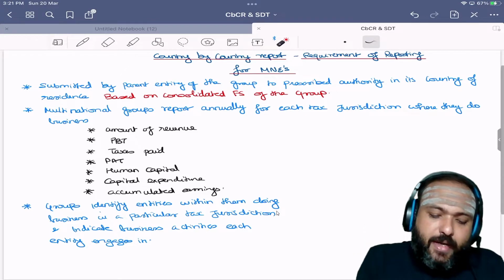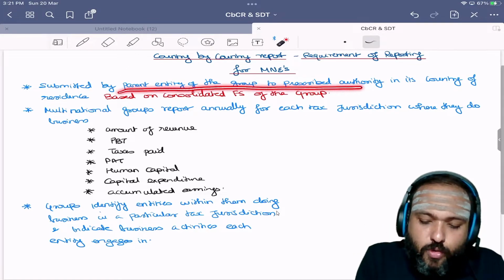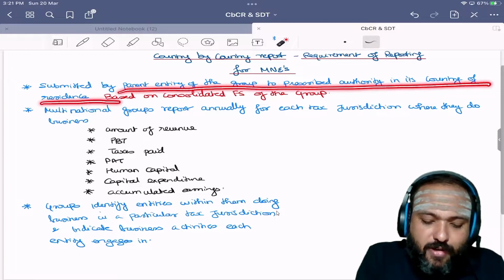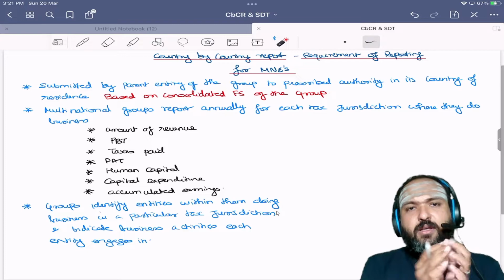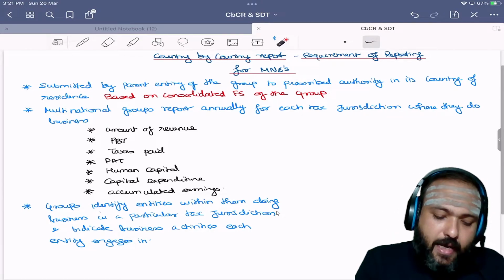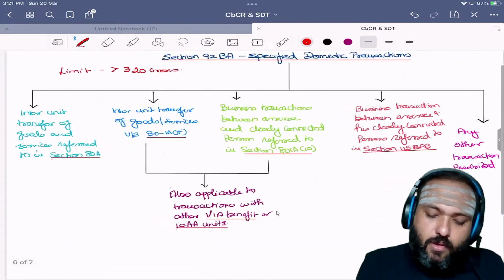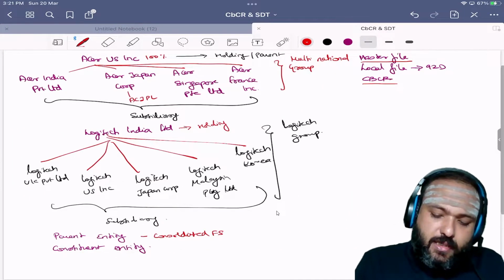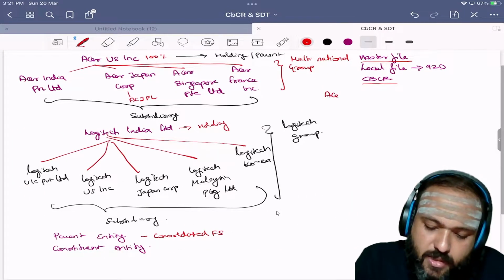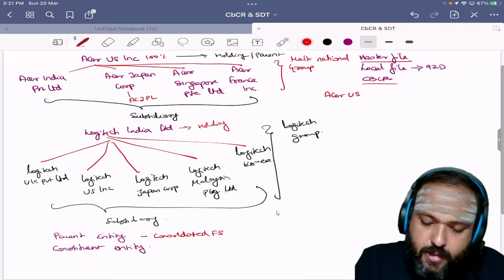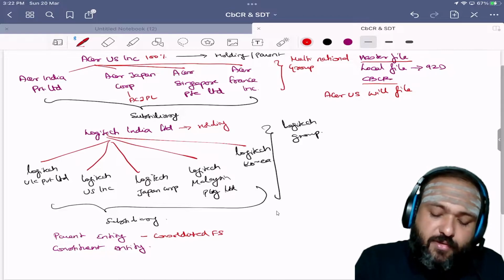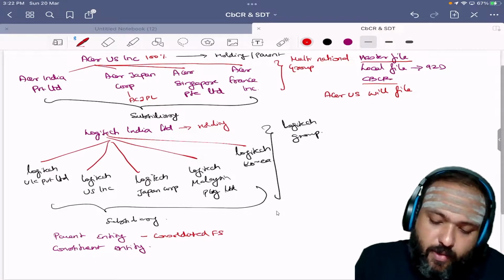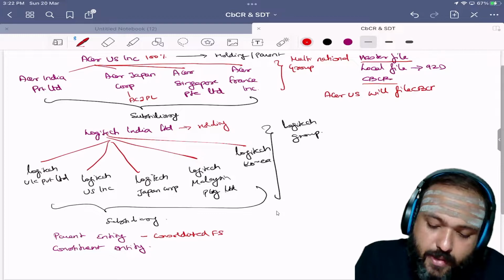Now, submitted by the parent entity of the group to the prescribed authority in the country of residence based on consolidated financial statements. So what is the meaning of this? Let us take our example. In this case, Acer US will file country by country reporting, CBCR, in USA.